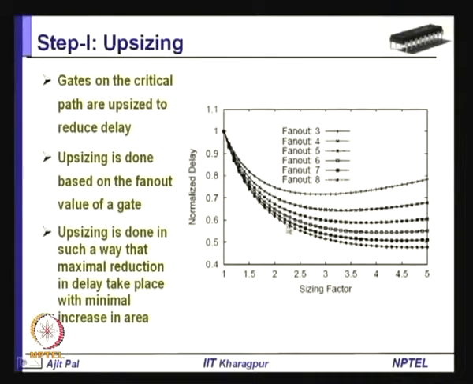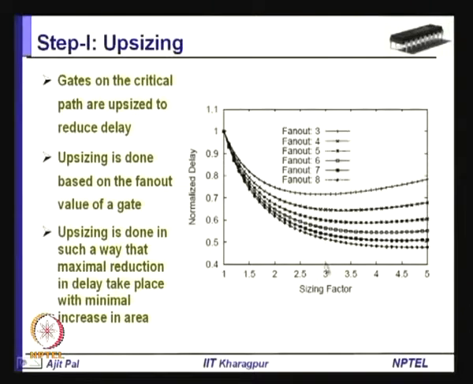It has been found that the larger the fan out, this is the plot for different fan out. This is for fan out 3, this is for fan out 4, this is for fan out 5, this is for fan out 8. So, we find that the reduction in delay is more for gates of higher fan out.